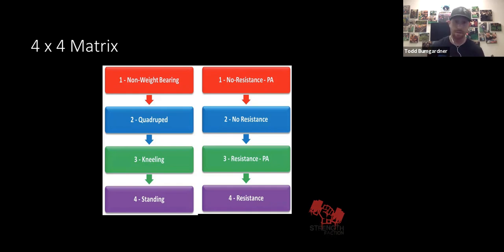And this is what this does for us, right? If you look at the left side, non-weight bearing, quadruped, kneeling, standing, we introduce more threat by going higher into gravity, right? The more gravity we're in, and the more complexity that our body and our sensory systems have to deal with, the more threat. Now, if we look at the right side, that's loading. The more loading we have, the more threat we have to deal with, right?